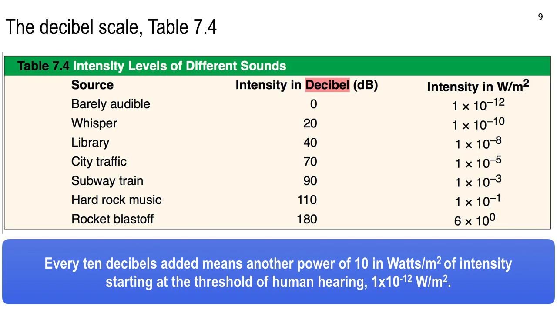So for every square meter of eardrum area, you have a certain number of watts crossing it, if the sound is just at the 0 decibel level, the threshold of human hearing. So it's 1 times 10 to the minus 12. A whisper, 20 decibels.